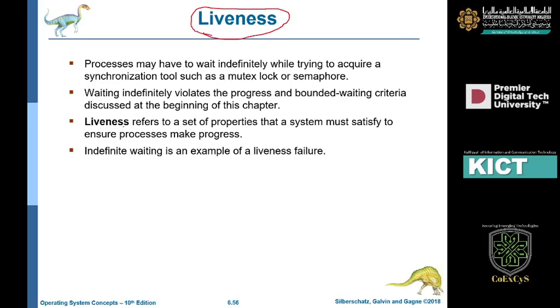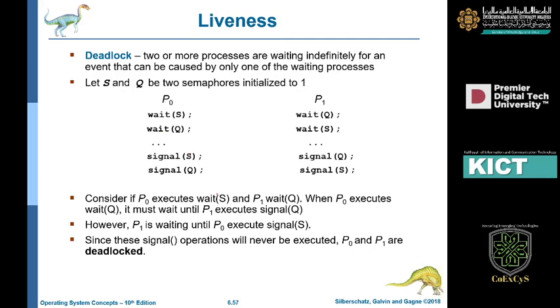What is liveness? Liveness refers to a set of properties that a system must satisfy to ensure processes make progress. Make sure that you get this progress. If someone is waiting indefinitely, then it has failed liveness. So there is no liveness there. Make sure you think about whether algorithms have liveness in them or not. If a process does not have liveness, there is a possibility that it might end up in a deadlock.